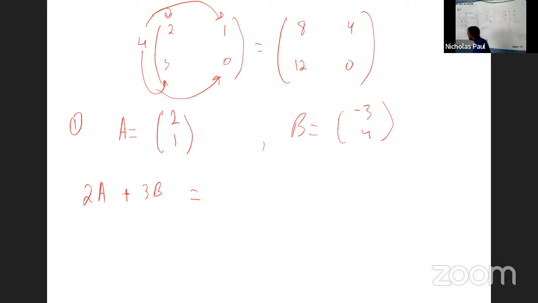You have to work out 2A first, and then work out 3B. Find 2A first, find 3B, and then add that, right?